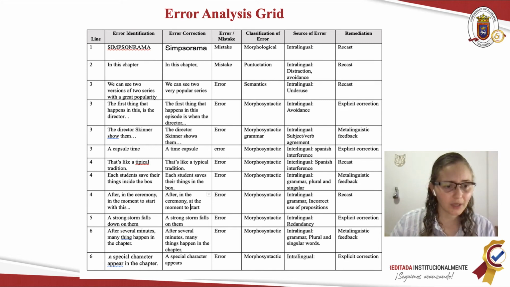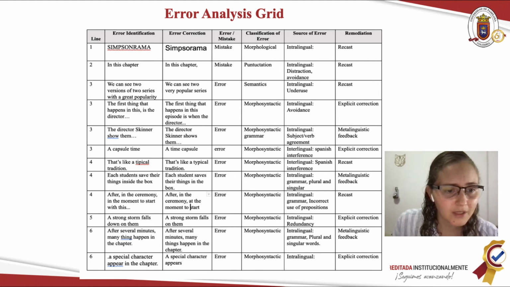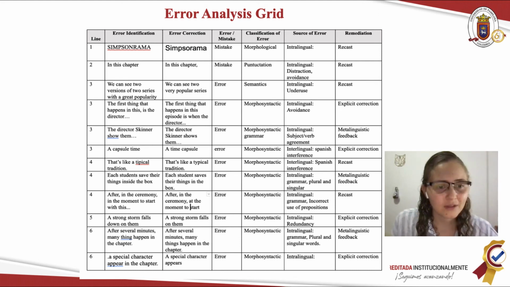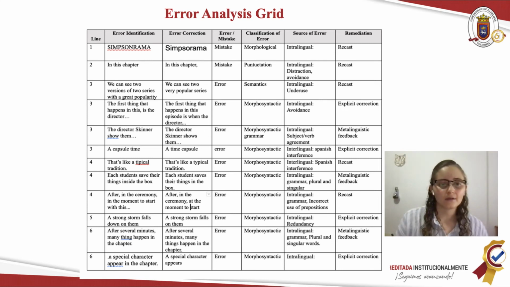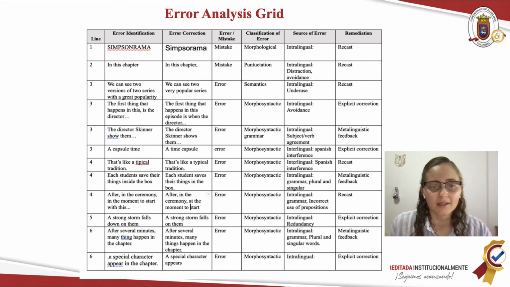So the next one is "each student save their things inside the box." The correction is "each student saves their things inside the box." It's an error and it's morphosyntax. It's part of the structure of the phrase, and it's intralingual. It's part of the grammar and how the student uses the plural and the singular.